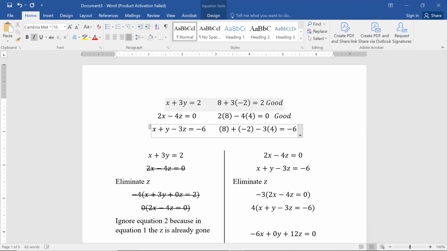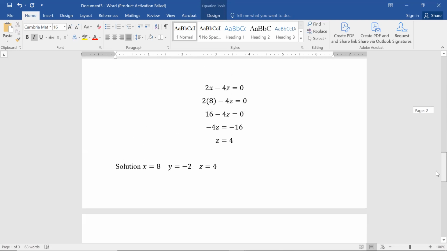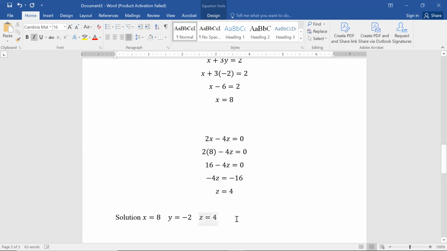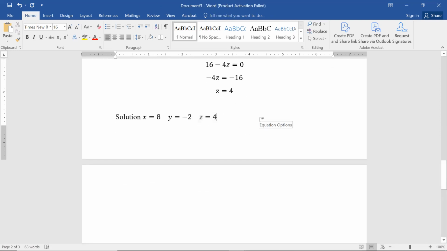If I take 8 plus -2 minus 3 times 4, I do in fact get a -6. So that's also good. So I've checked my answers and my solution does work, which is good because I had mistakenly put a couple of negatives down. So that's my solution. X is 8, y is -2, z is 4.